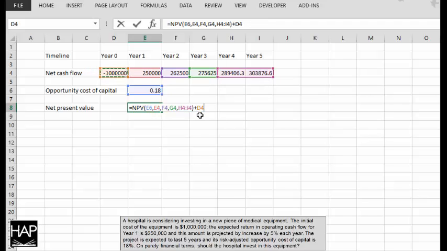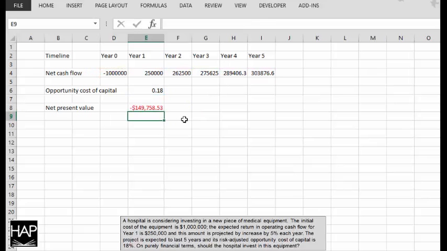But I add year 0 in separately to account for the $1 million that I pay up front. That gives me a net present value that's negative. It's negative $149,758.53. So according to the net present value alone, this is not looking like a favorable investment.